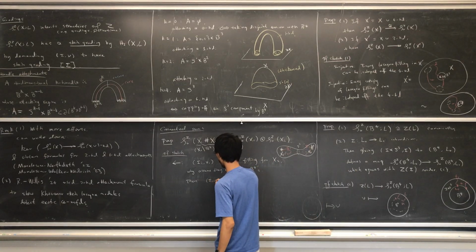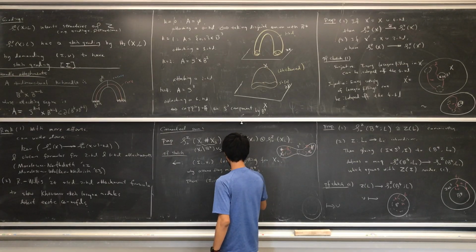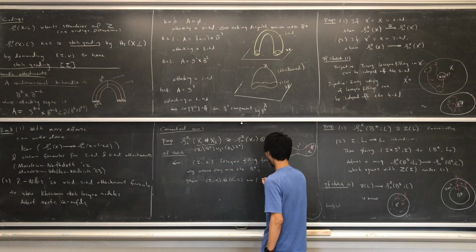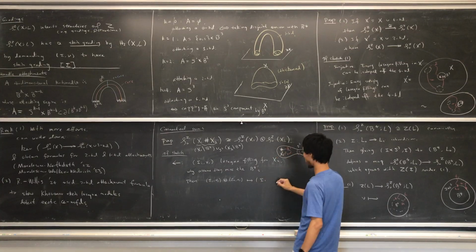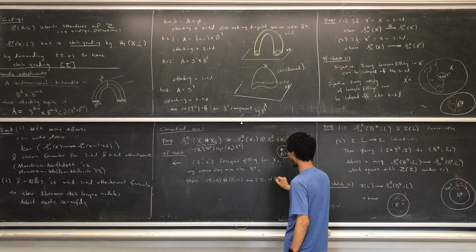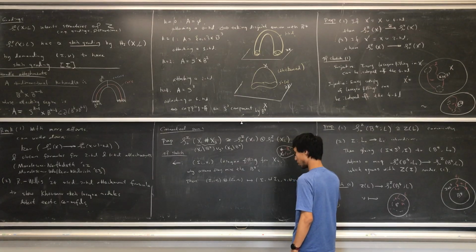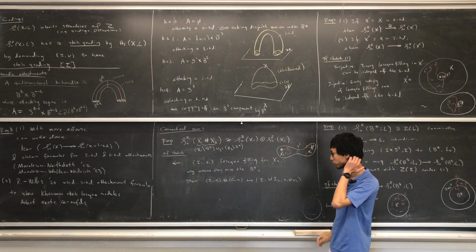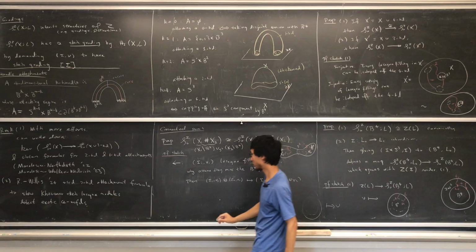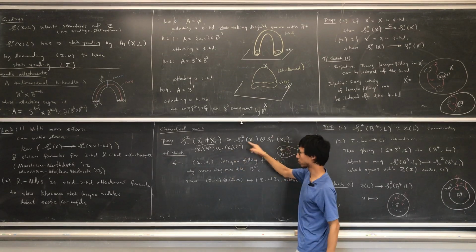Then I decide to send sigma 1, v1 tensor sigma 2, v2 to this disjoint union sigma 1, sigma 2, v1 tensor v2. So this is the map in the backward direction.